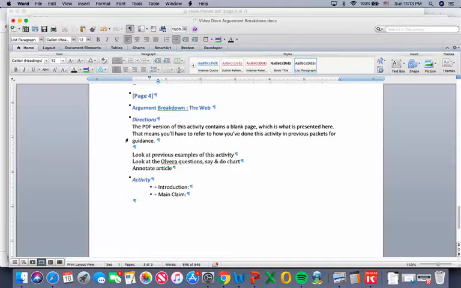So in my Word document, I have a bullet point for introduction, then a bullet point for main claim, and then another bullet point, all at the same level, for the argument structure. These are going to be the ideas that support the main claim.